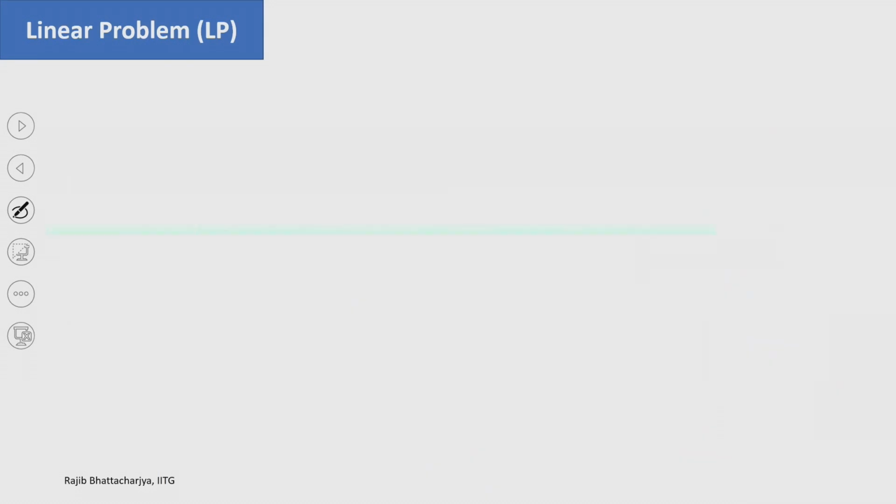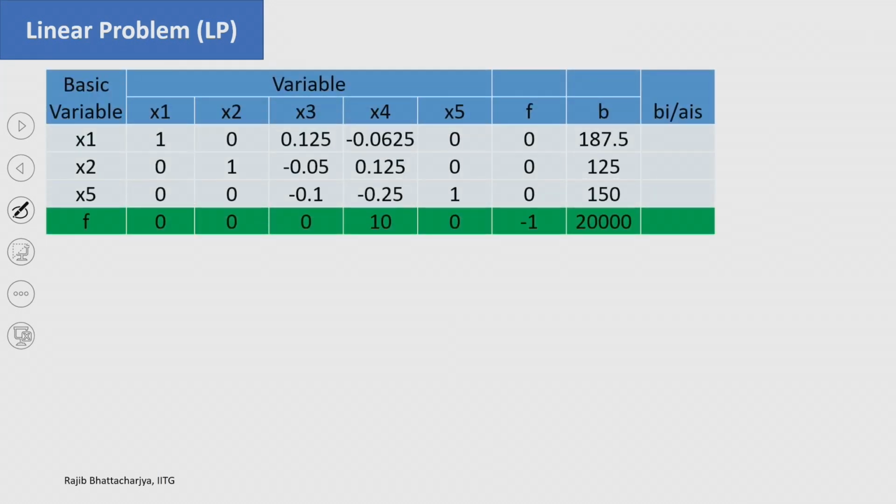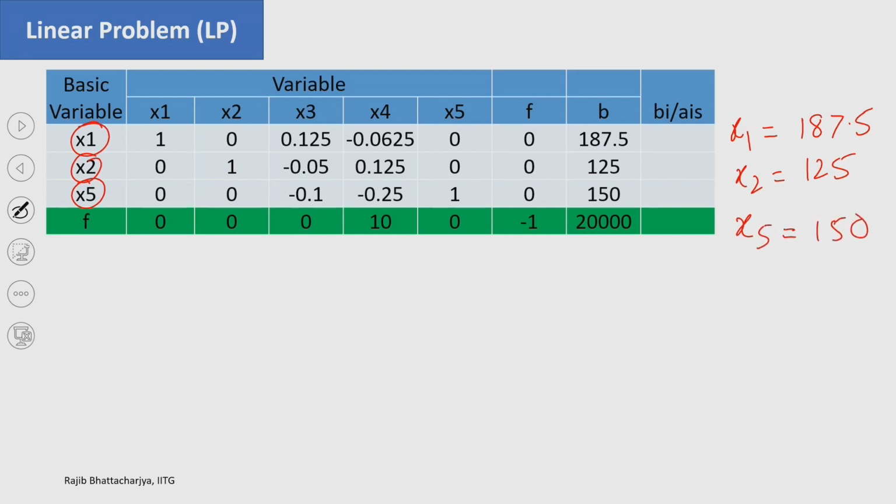Okay. So, this is the pivoting element, and if I do that, x1 is now in as a basic variable, then x2 is already there and x5 is there. Now, I am getting a different solution. This solution is x1 equal to 187.5, okay, and x2 equal to 125 and x5 equal to 150 and x3, x4 equal to 0 and f equal to minus 20,000.